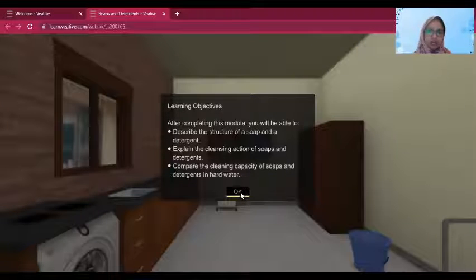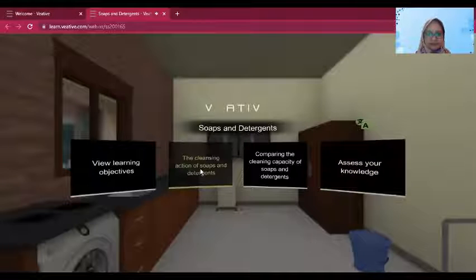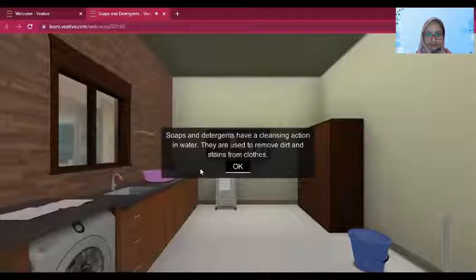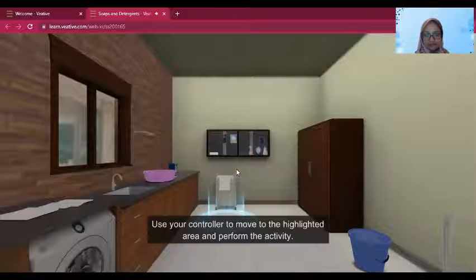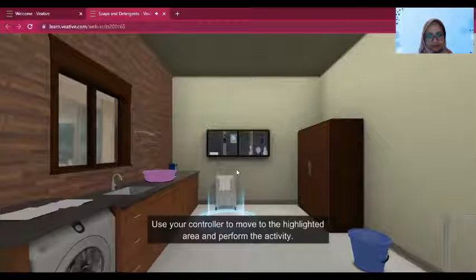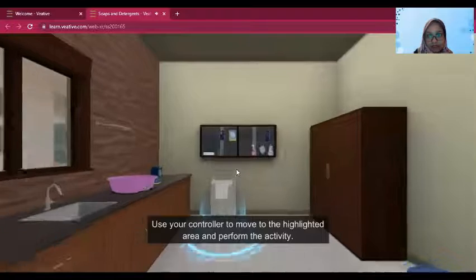How are they different? And we are going to see the cleansing action of soap and detergent. Are they different or are they the same? And we are going to compare the cleaning capacity. Which one is better? Okay, let's start with this. Okay, let's do some laundry.